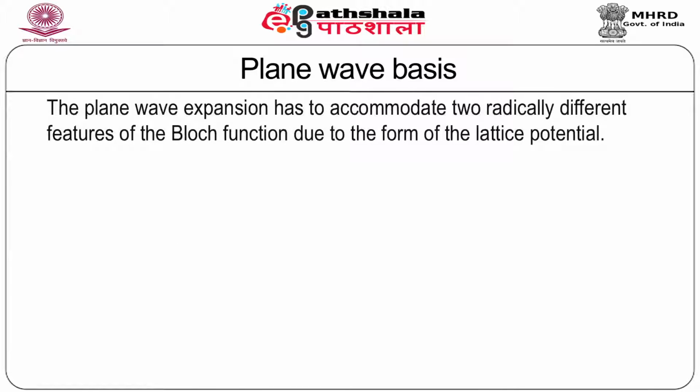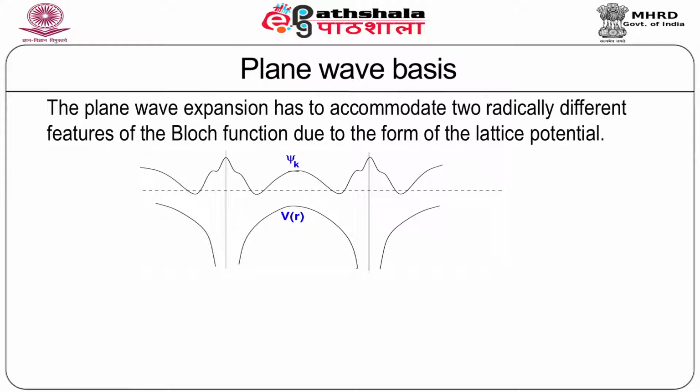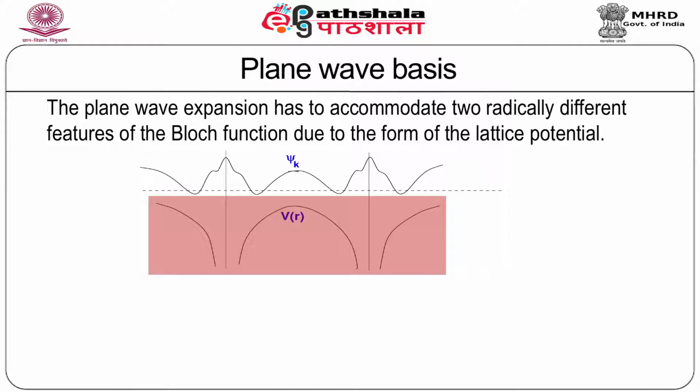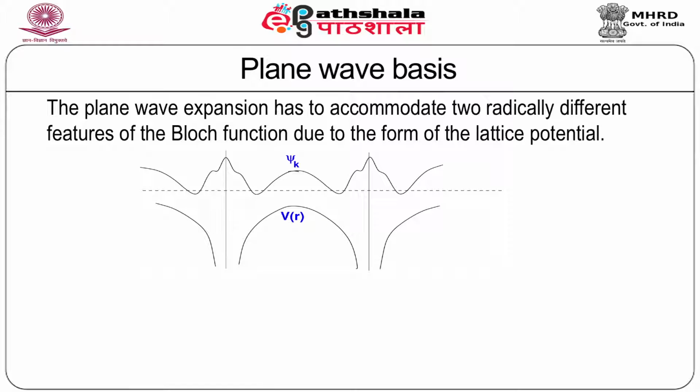So, the plane wave expansion has to accommodate two radically different features of the Bloch function due to the form of the lattice potential, which is shown in this figure. Inside the atomic core region, the potential is practically spherically symmetric and it's deep, and the wave function psi in this region has rapid oscillations and the angular dependence of an atomic wave function, as shown here.